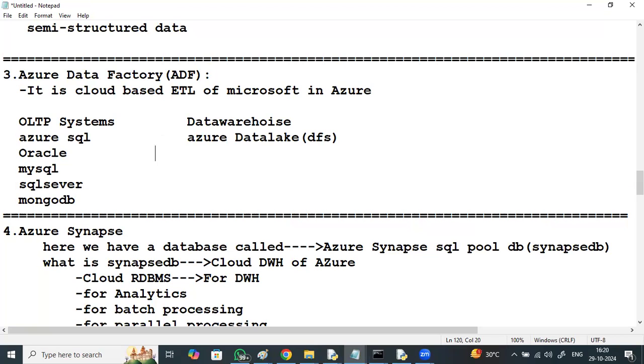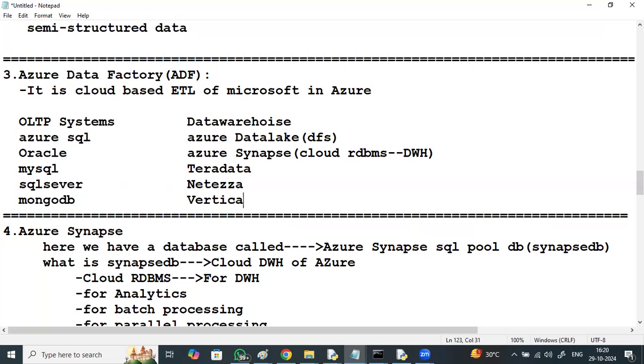Azure Data Lake, Azure Synapse, cloud DBMS for data warehouse, and Teradata, Netezza, Vertica.